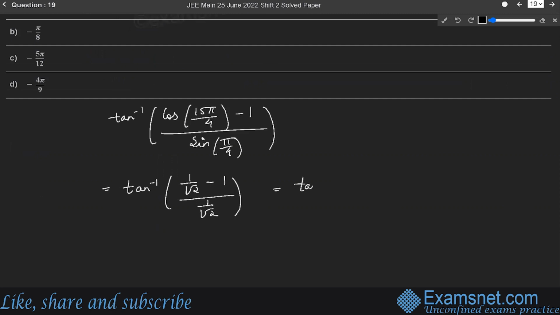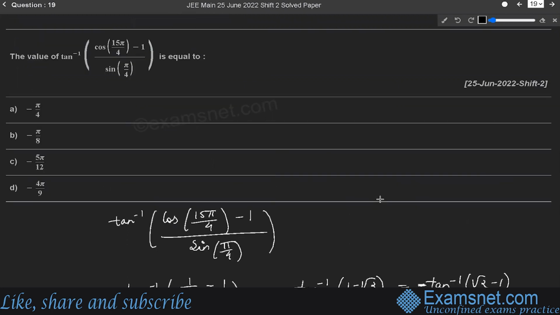So it will be equal to tan inverse of 1 minus root 2, which will be equal to minus of tan inverse of root 2 minus 1. We have taken minus common here. So this will be equal to minus of pi by 8. Hence we can say that the correct option for this question is option number B, which is minus of pi by 8. I hope this question is clear to you.